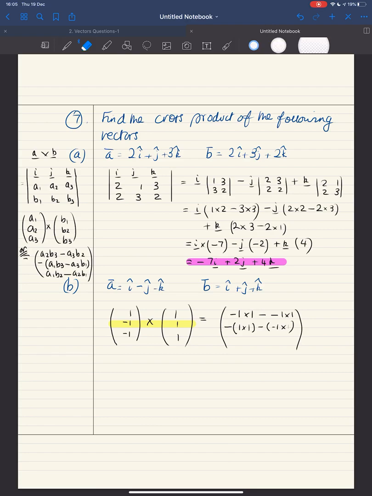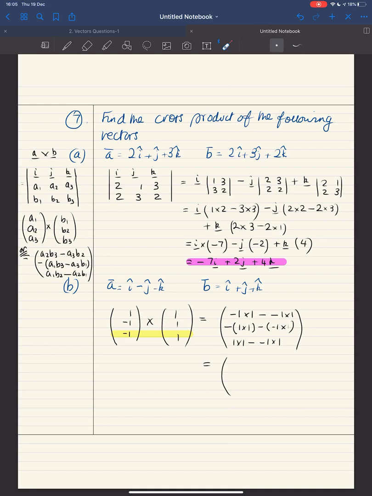And then for the third one, you cross this out, and it's going to be 1 times 1 minus 1 times 1.